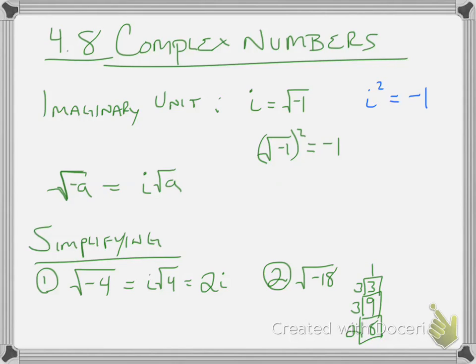Divide by 3 and 1. I have a pair of 3's, so a 3 is going to come out, but don't forget I had this negative here. So that's also going to bring the i out, and what doesn't have a pair, the 2, stays on the inside of the radical. And now it becomes a positive because I brought that i out of the radical.